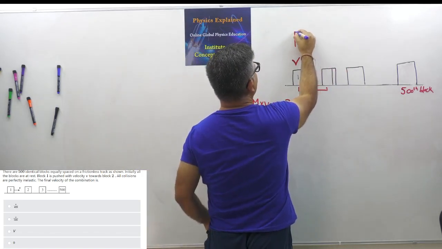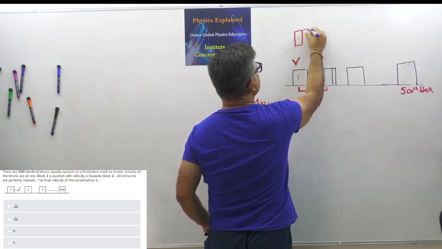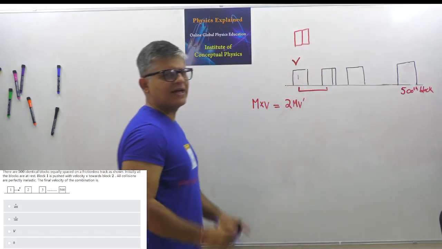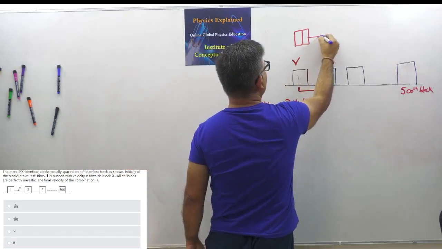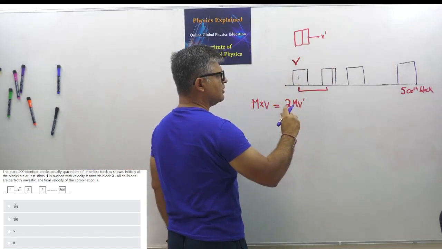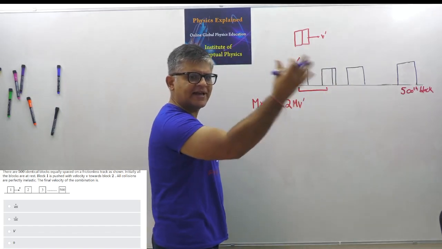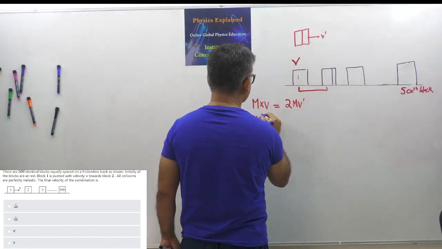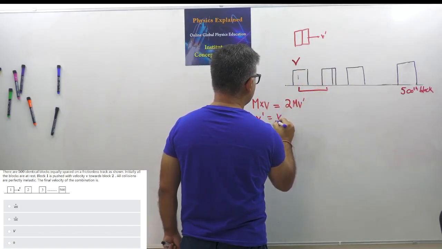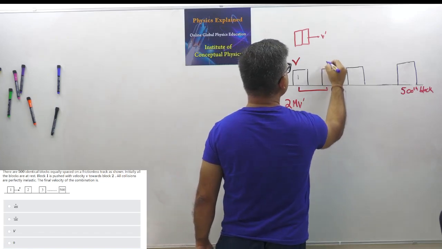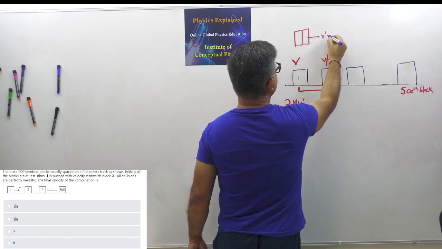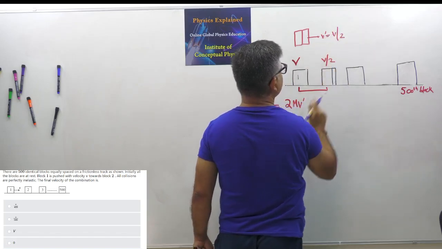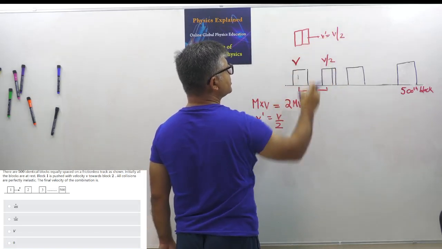They become like a single mass for all practical purposes, and they start moving with a velocity of v dash to hit the next block. So v dash comes out to be v by 2. The velocity of the combination is v by 2.